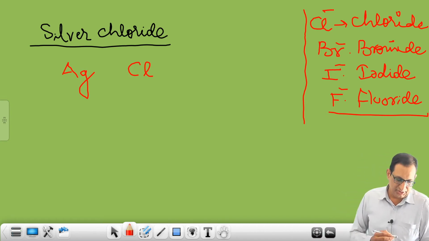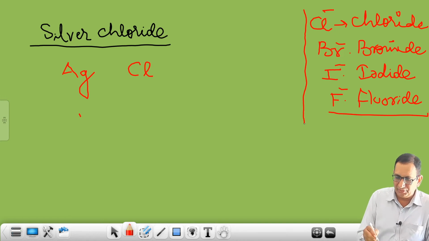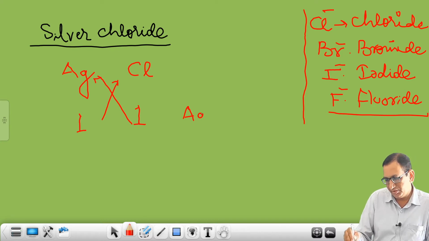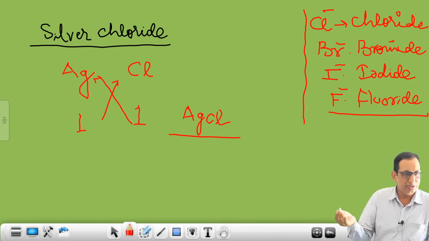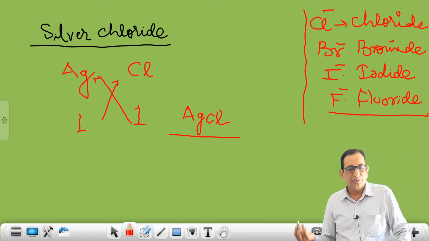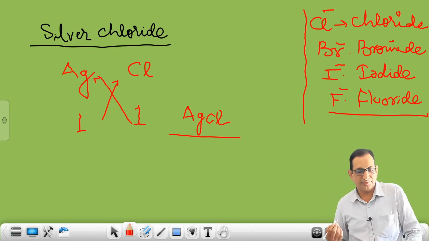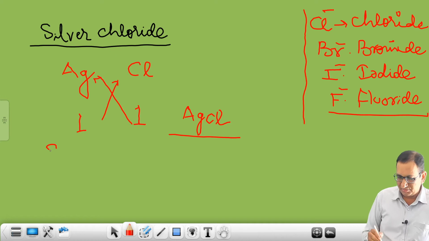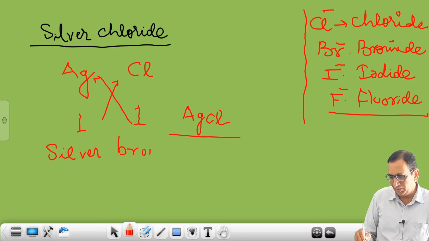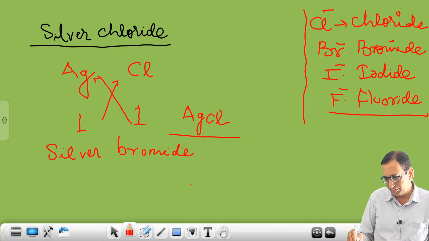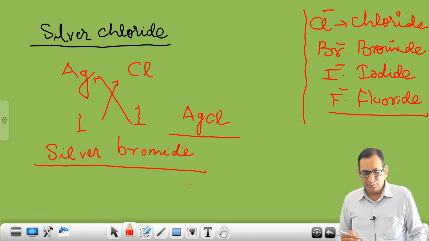So yes students, Ag and then Cl. Silver valency is 1 and chlorine valency is also 1. So definitely the formula for silver chloride is AgCl. This is very useful in higher classes like 10th, 11th, 12th and many competitive examinations like NEET, JEE. And next is silver bromide, a very important compound.